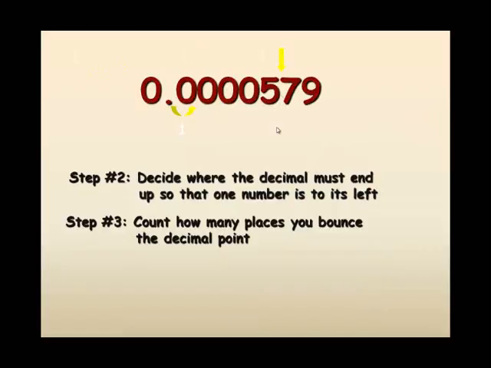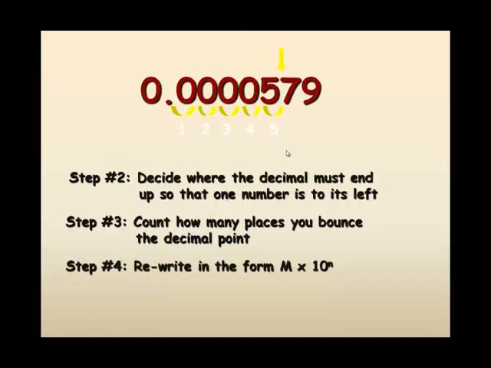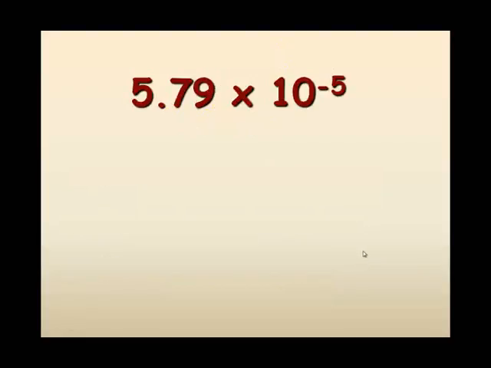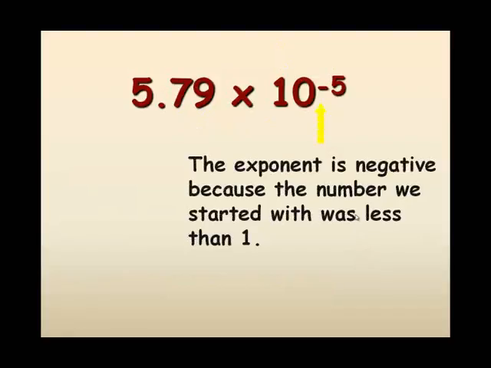We always want it after the first non-zero digit. 3, 4, 5. So we need to move it 5 places, and we rewrite it. But because we're going left, we've got to make this a negative exponent. It's 5.79 times 10 to the minus 5. Okay, so we're starting with something less than 1. We're going to have a negative exponent.